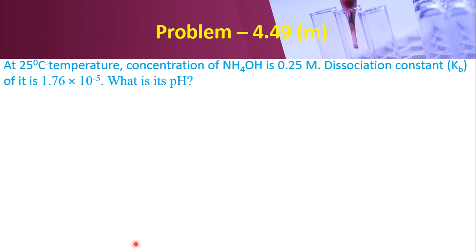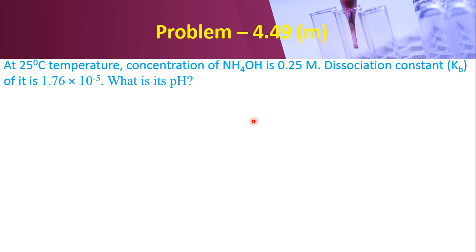So it is not dissociated 100% in solution. So to calculate the pH of ammonium hydroxide, we have to know the dissociation constant Kb or degree of dissociation. Here Kb is given as 1.76 into 10 to the power minus 5 and the molar concentration of ammonium hydroxide is 0.25 molar.